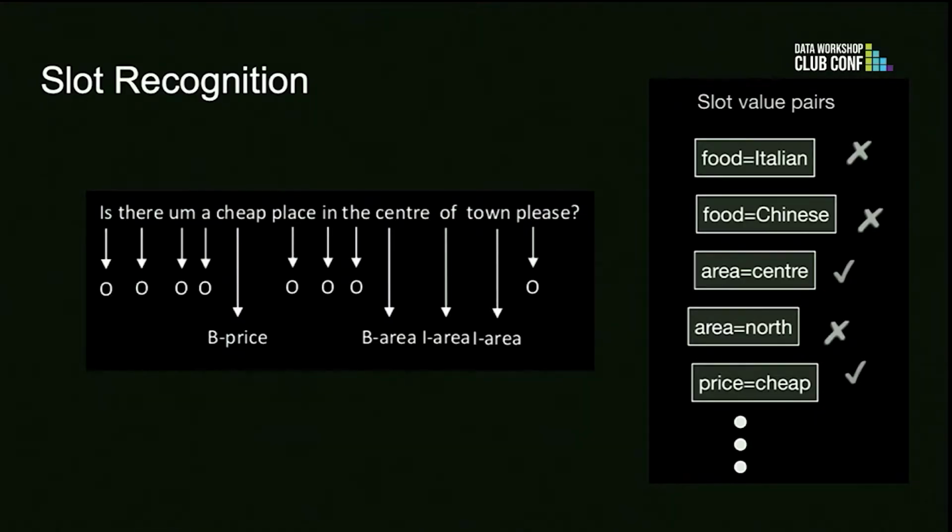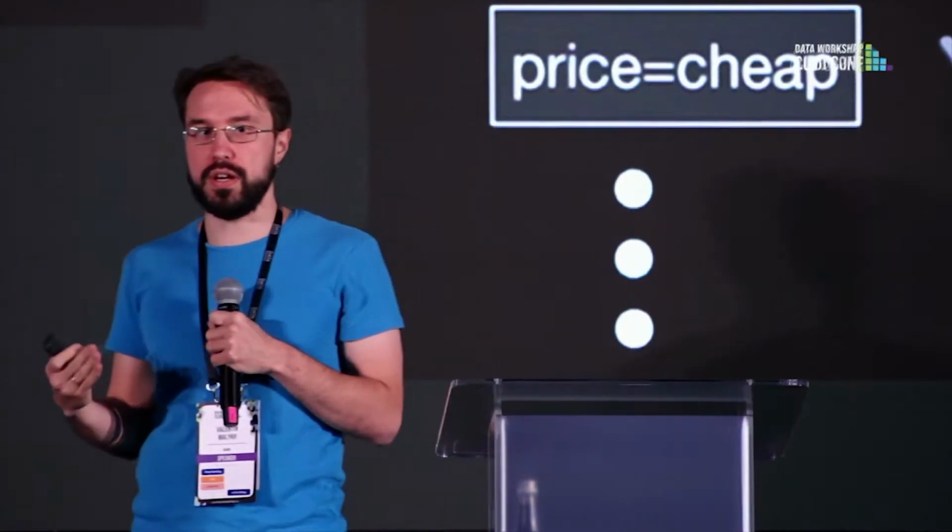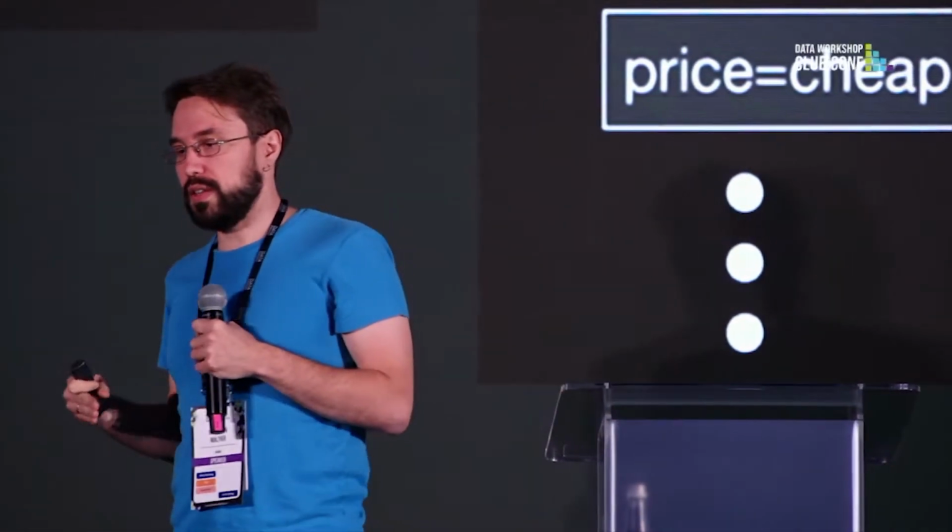The first step is so-called slot recognition, or, more generally, maybe you're most familiar with named entity recognition, where we have some words which are not important for this specific task, which are really something other. And we have some words which are important.